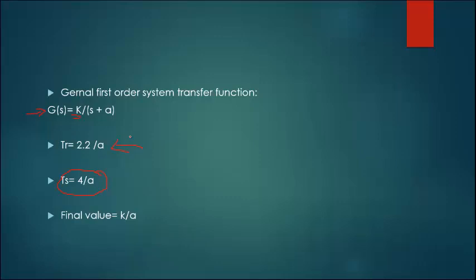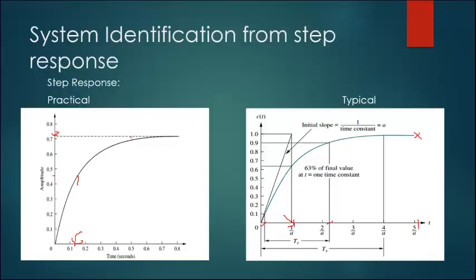The forced response is going to be k over a, so the final value is k over a. We get back to our graph, and the final value is like 0.72, so 0.72 equals k over a. We already calculated a, and we can calculate k.